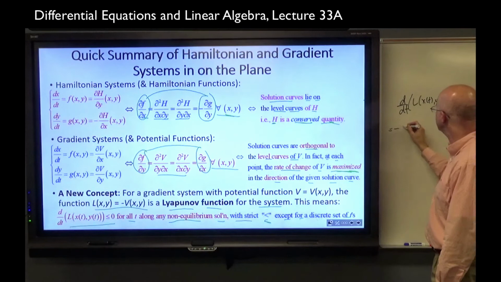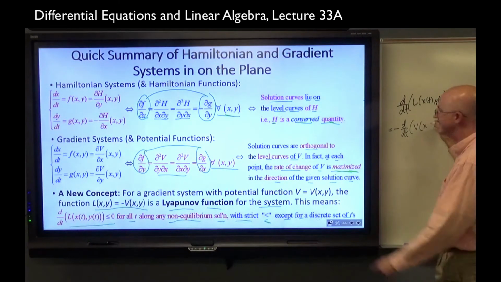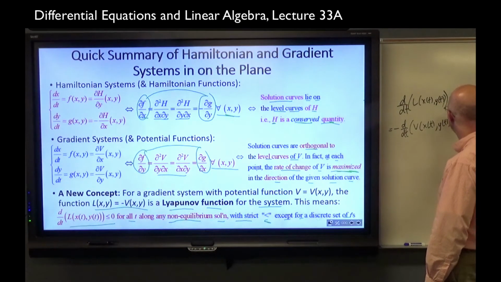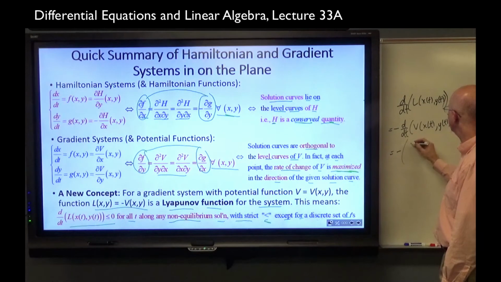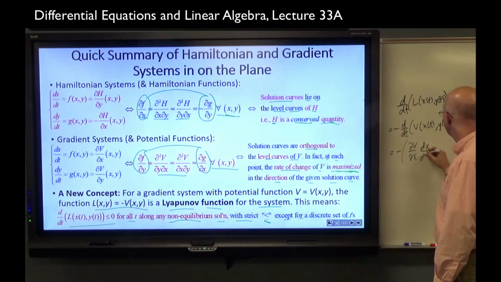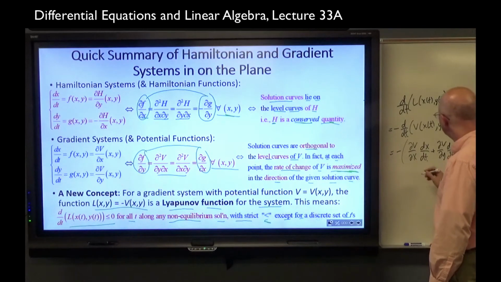Well, it's the opposite of the derivative of the potential function because of how I've defined the Lyapunov function to be the opposite of the potential function. Now use the chain rule. That's the derivative of V with respect to x times dx/dt, plus the derivative of V with respect to y times dy/dt. Then use the differential equations.